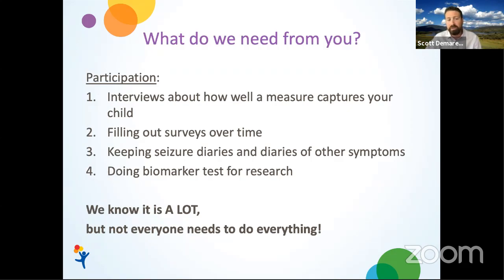So we don't have to do interviews with all 300 patients that are in the ICDD database in order to move to the next phase in an outcome measure. We might have to do interviews with 15 or 20 patients. It sort of depends on what the goal is. But participate where you can. And we understand that it's a lot we're asking, and we're trying to be sensitive to that.